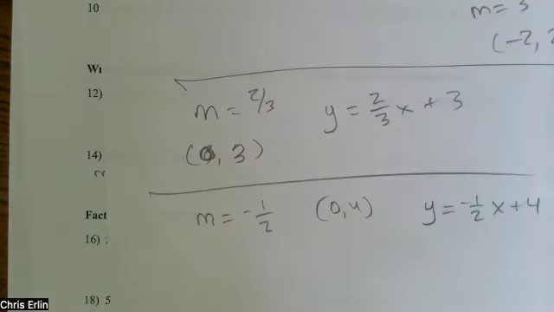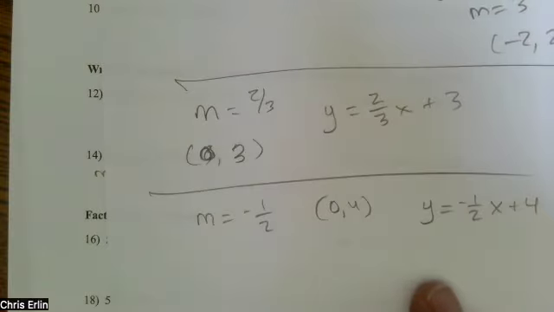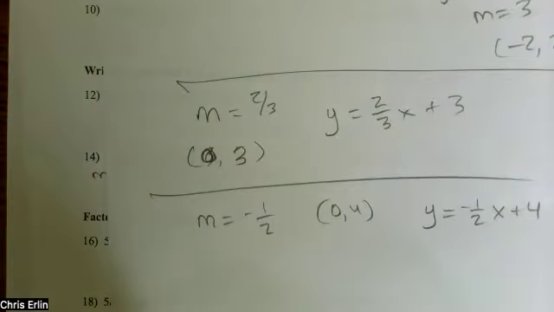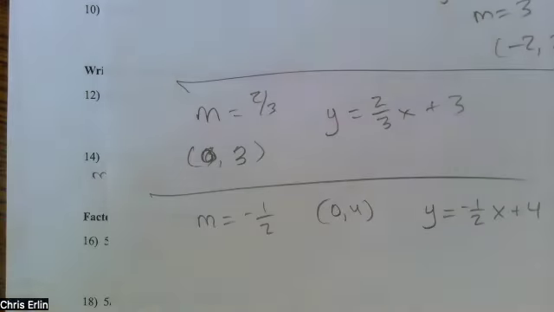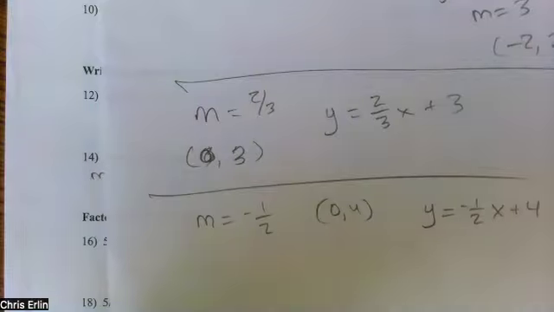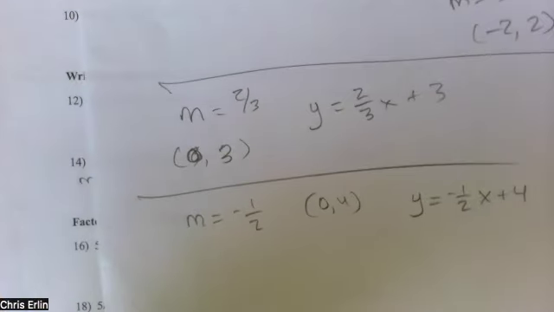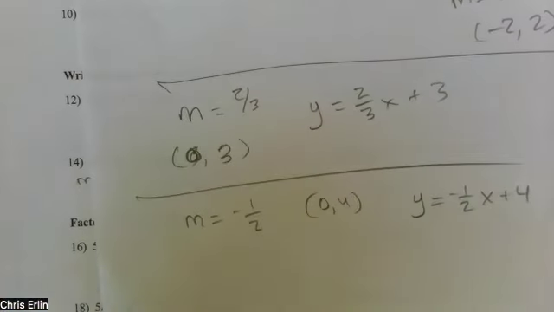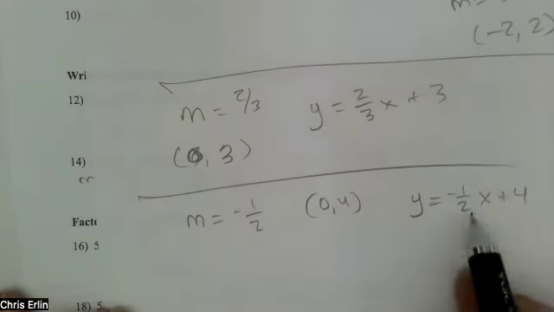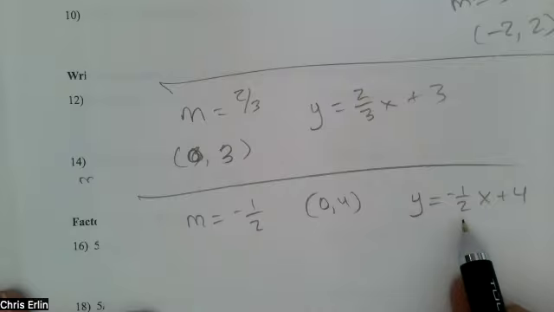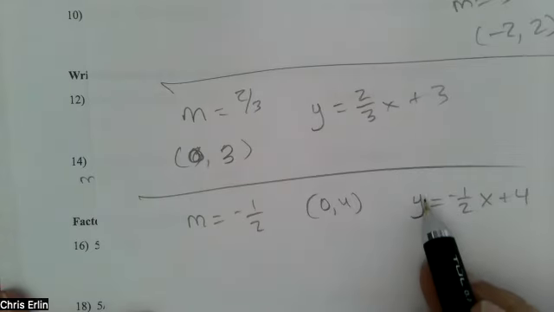Like that. Oh, but this doesn't ask for slope intercept form. It asks for standard form. How do I change this slope intercept into standard form? What's wrong with this? Is the y in the right place?